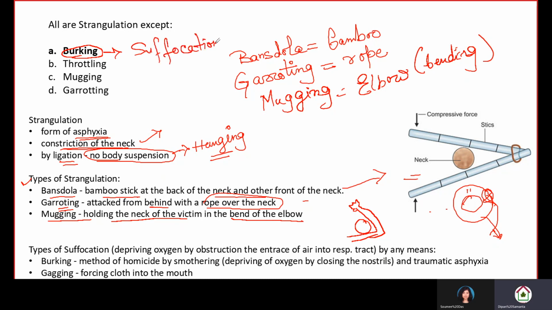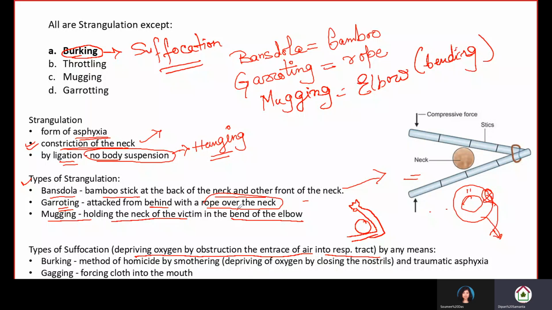The main difference between suffocation and strangulation is that in strangulation there is constriction of the neck, thus asphyxia is produced, whereas in suffocation the victim is deprived of oxygen by obstruction of the air entrance into the respiratory tract. Now by what means, that varies.